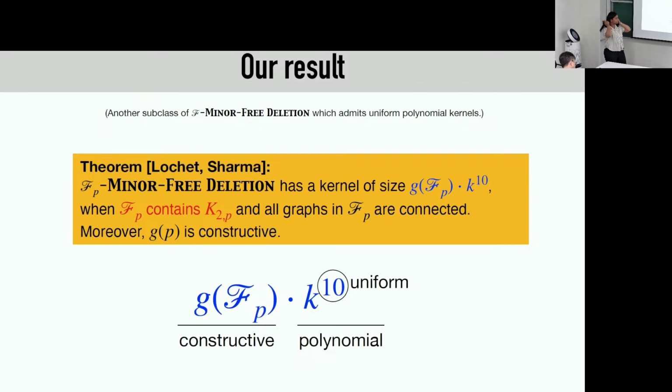Sorry, stupid question. Isn't it the case that if you forbid K2P, then, okay, sorry, I'm spoiling stuff. No, I was going to talk about this. Go ahead. If you forbid K2P, you also forbid theta p plus 1, I guess? It's the other way around.